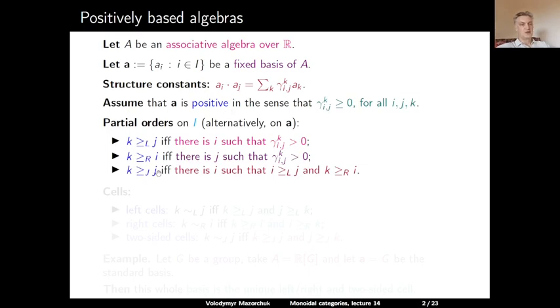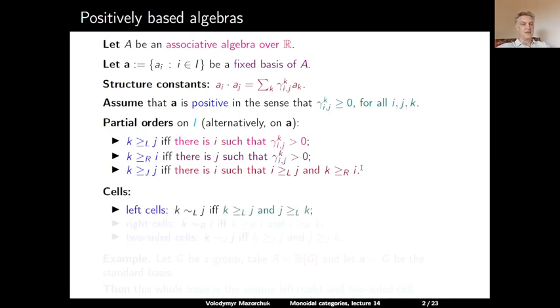And k is two-sided greater than or equal to j, with the corresponding notation being greater than or equal sub J, if and only if there is an i such that i is left greater than or equal to j and k is right greater than or equal to i. So this defines partial pre-orders on our set I, and the corresponding equivalence classes are called cells.